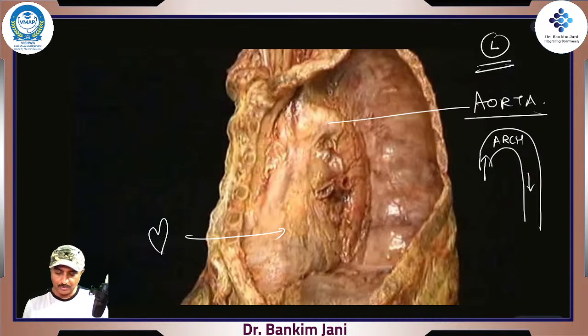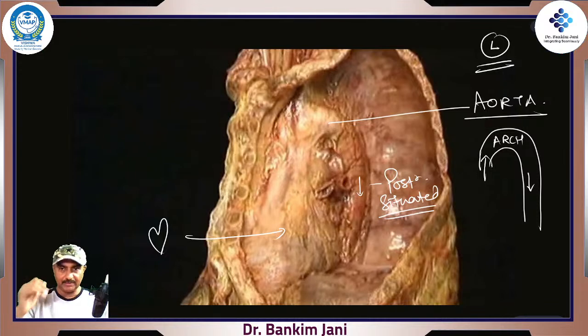But what we really want to see is, if this is something which we are watching from the left side, here is the descending aorta which is posteriorly situated, right? That's the point which we have to watch, right? This is near the vertebral column, right, near the vertebral bodies. So when we take tomorrow, we'll even see some of the sections and we'll see the CT scan.